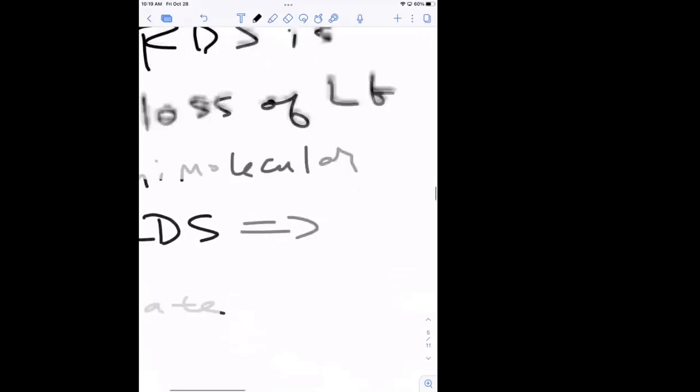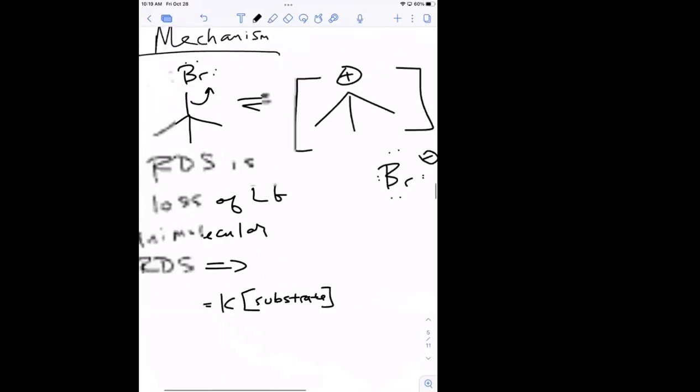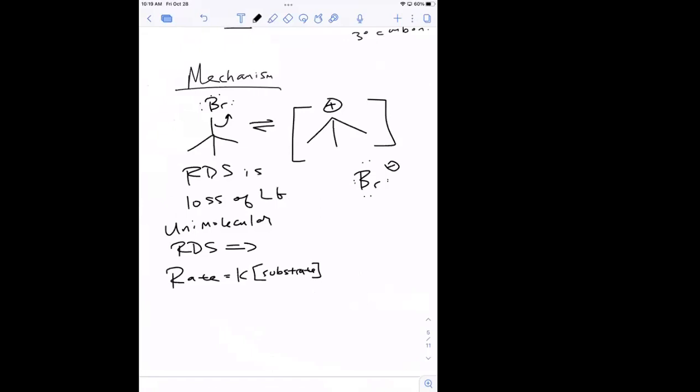So the rate law is k times the concentration of the substrate. For any SN1, or any unimolecular reaction, it's going to be k times the substrate. E1 is the same way. Any questions?